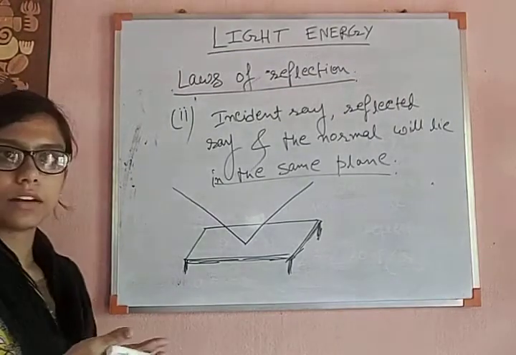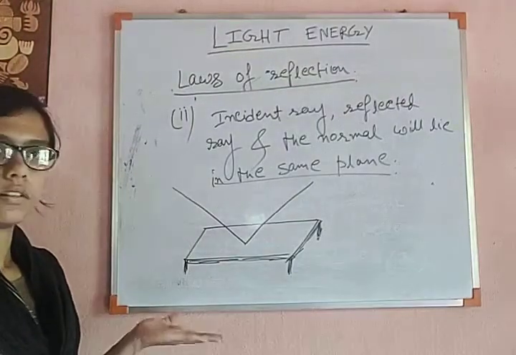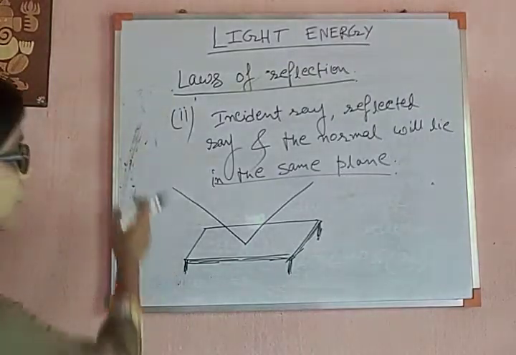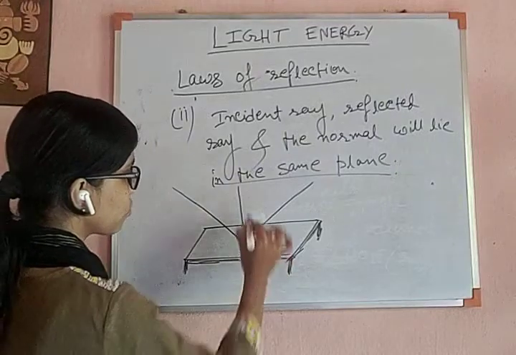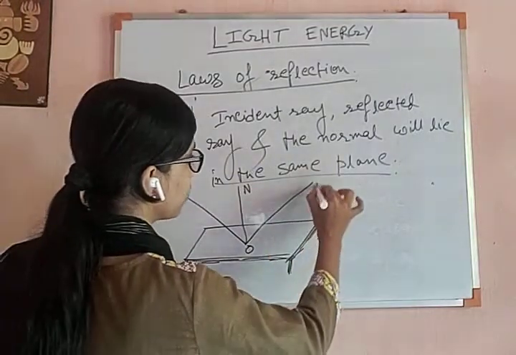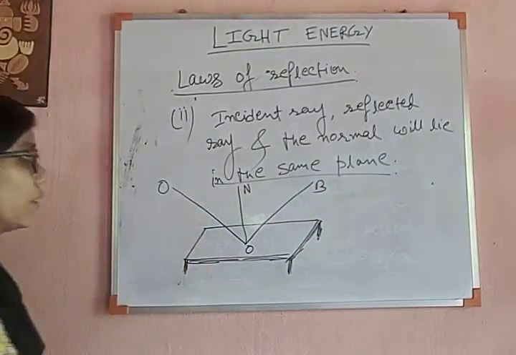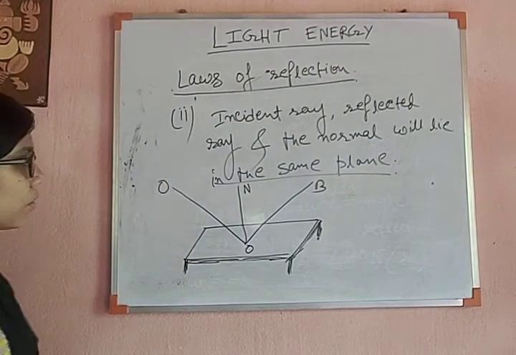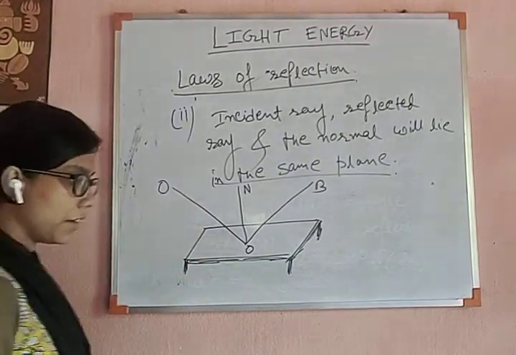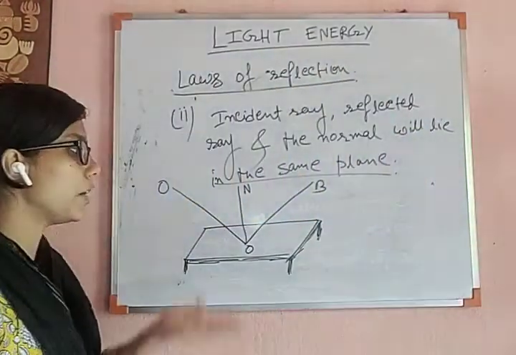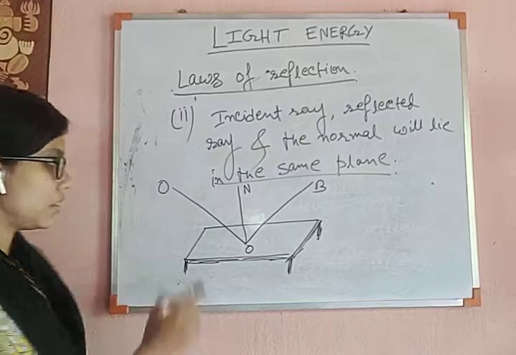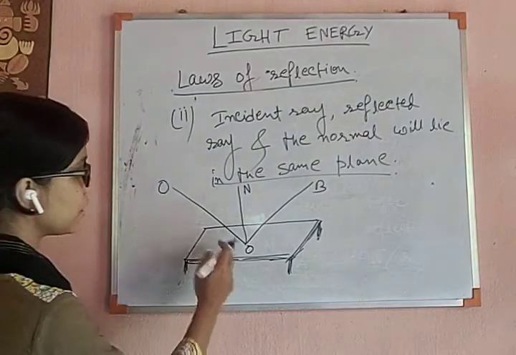This mirror is plain, a polished surface, and light is falling over there. So this is ON, the perpendicular normal, OB, OA. Now, I draw a plane perpendicular to this plane.